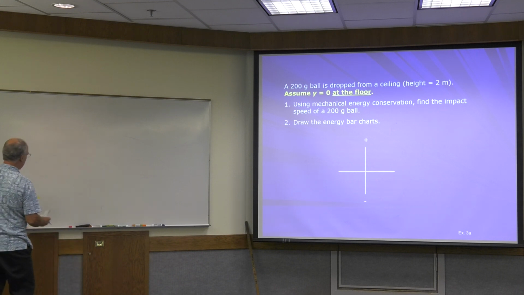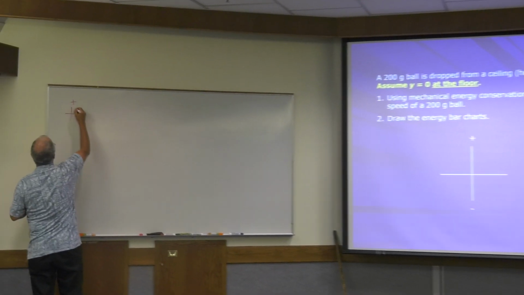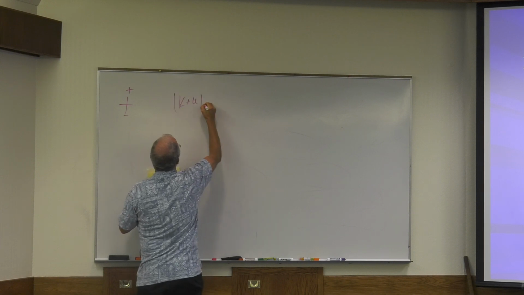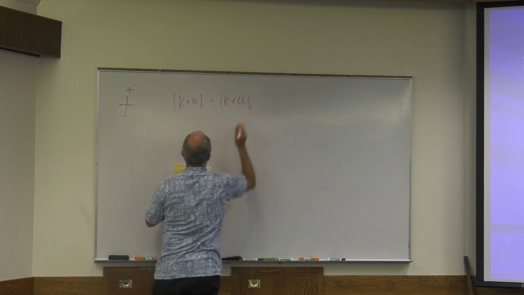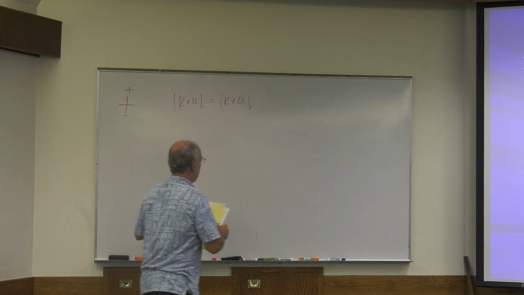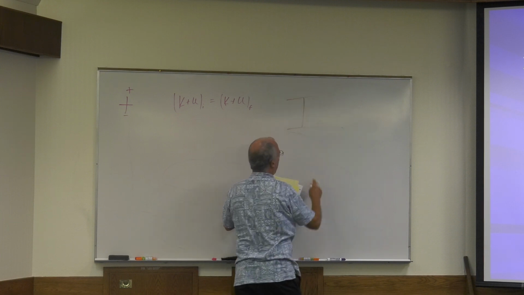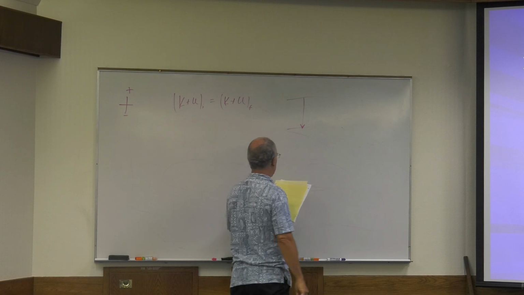Okay, so here we go. We're using the Randy Knight coordinate system, might as well. So we have K plus U initial equals K plus U final. We're dropping something from the ceiling and we want to know the speed.